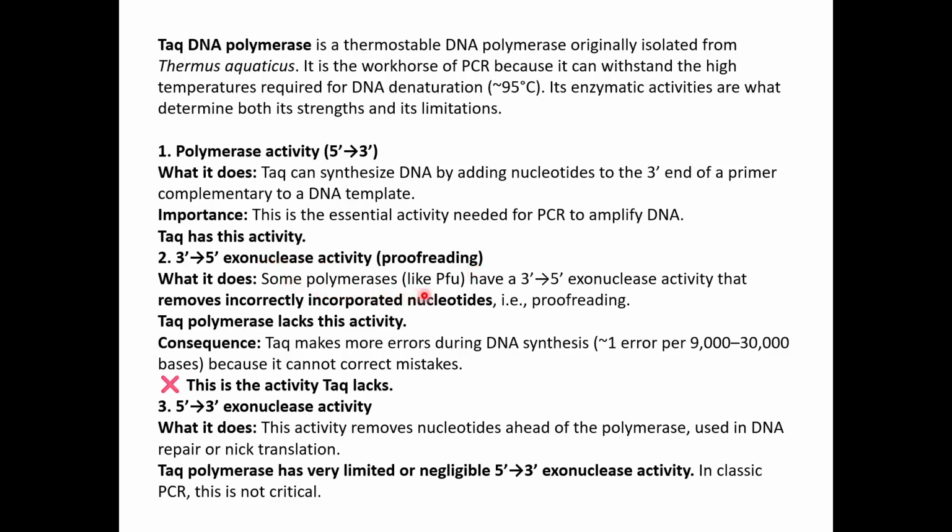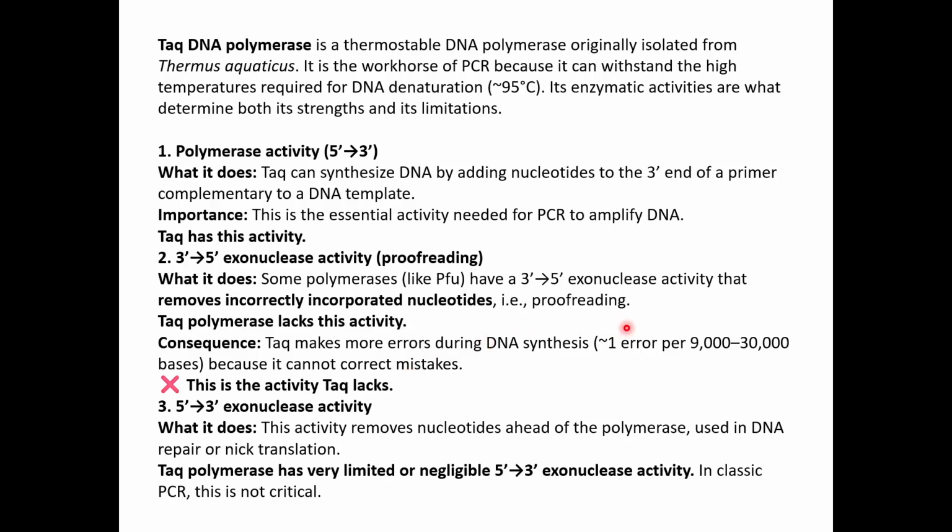Some polymerases like Pfu have 3 prime to 5 prime exonuclease activity that removes incorrectly incorporated nucleotides, which is called proofreading. Taq polymerase lacks this activity, so it cannot proofread the newly synthesized strand. The consequence is that Taq makes more errors during DNA synthesis, approximately one error per 9,000 to 30,000 bases, because it cannot correct its mistakes.